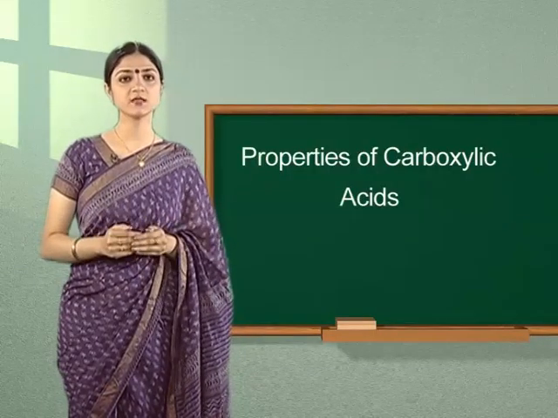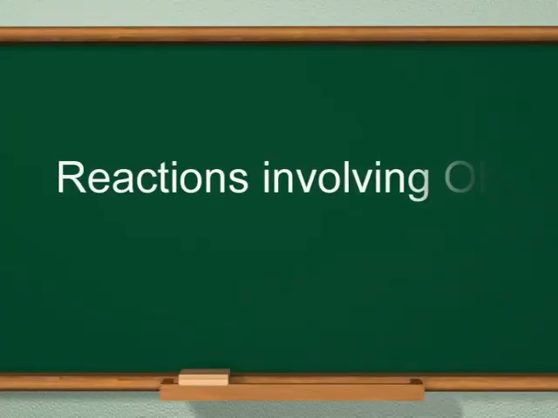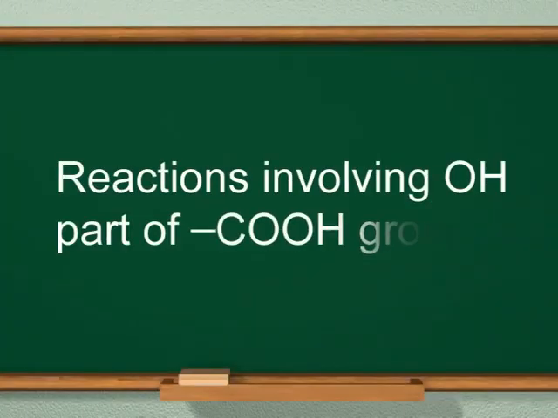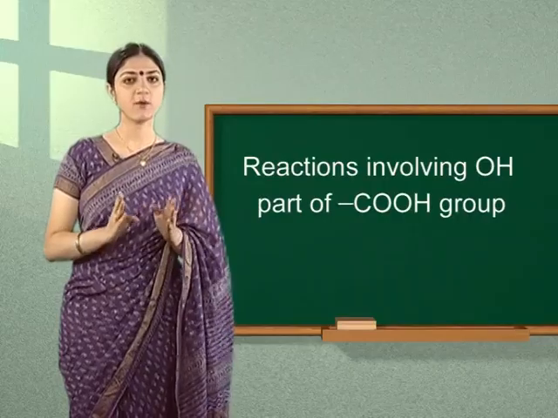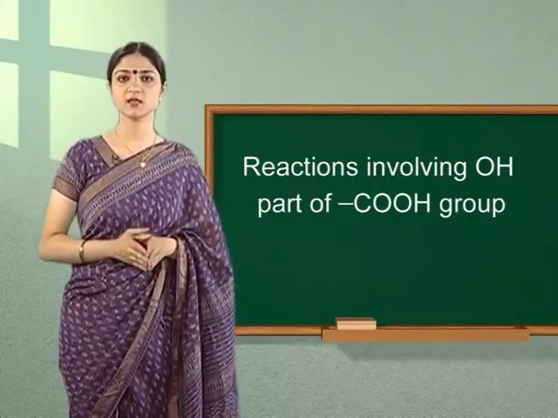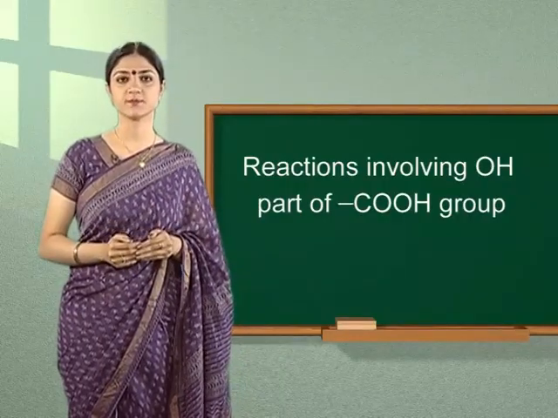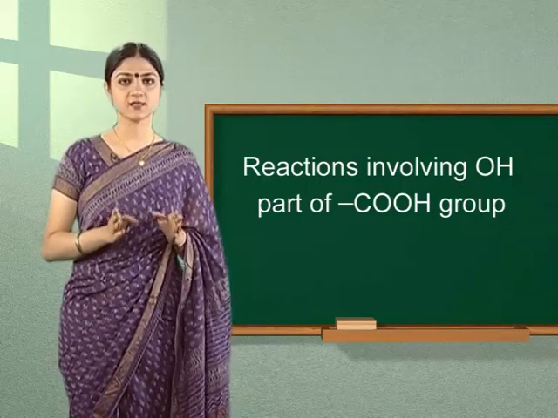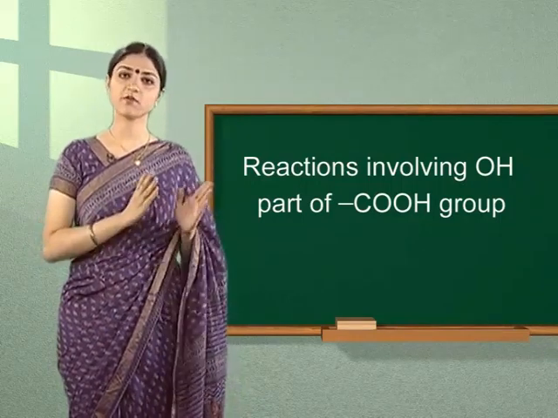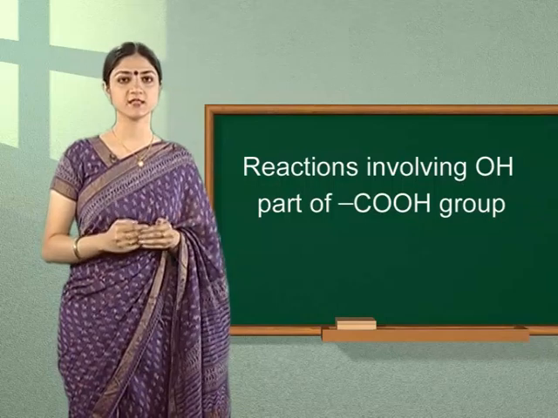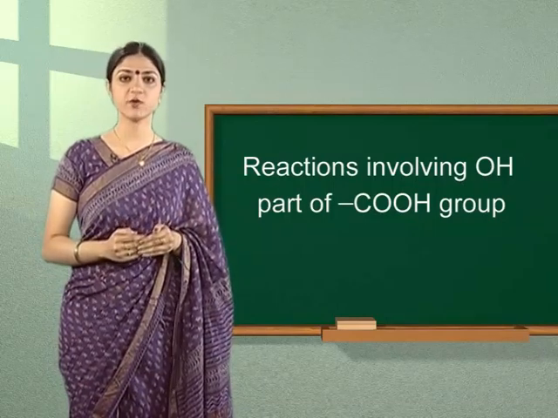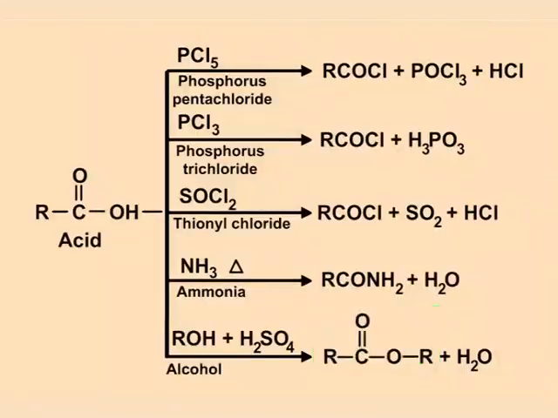Secondly, we learnt about reactions involving the OH part of the carboxyl group, forming a number of products called acid derivatives. Carboxylic acids undergo reactions involving the OH part of the carboxyl group to produce derivatives of the acid, such as esters by simple methods such as the Fischer method.